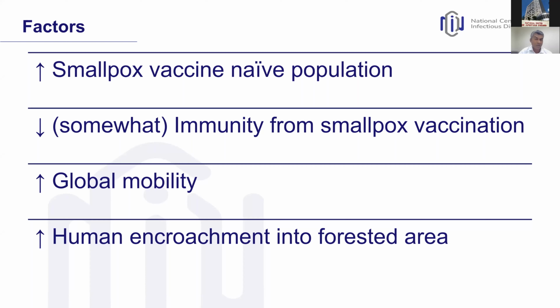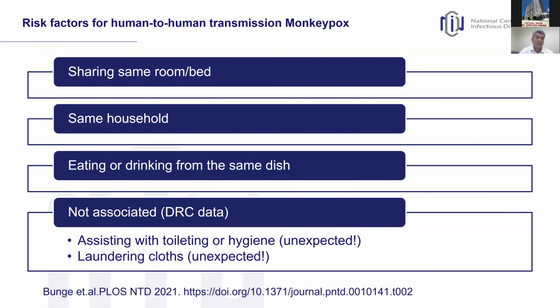So those who were born after that may not have the nice smallpox vaccine scar. And also increase in global mobility actually makes it easier for not only monkeypox, but many other endemic diseases to be exported and imported. And also human encroachment into forested areas actually facilitates the first infection of monkeypox.